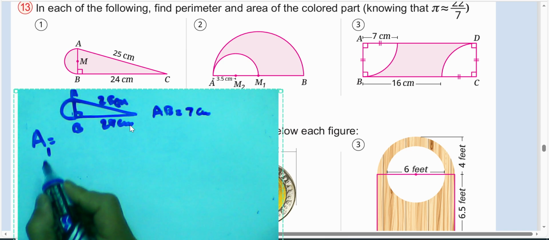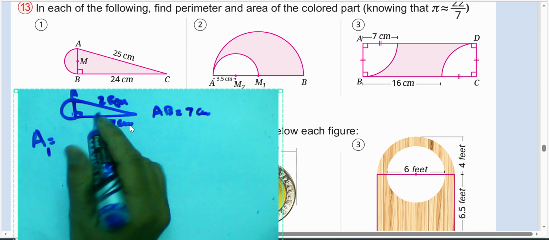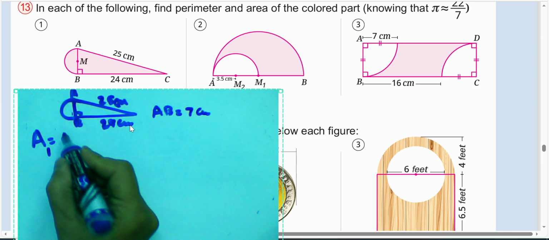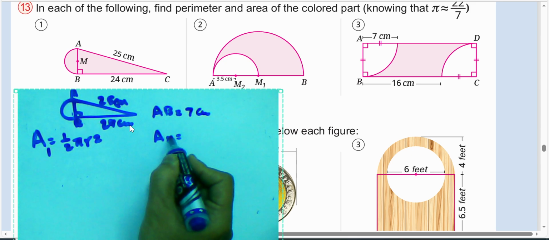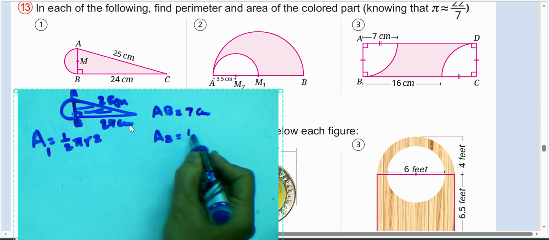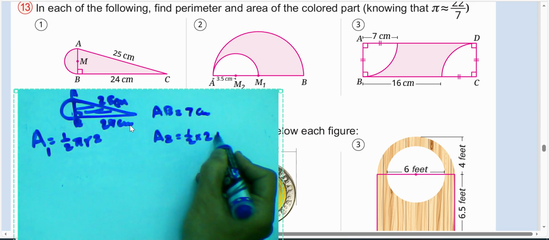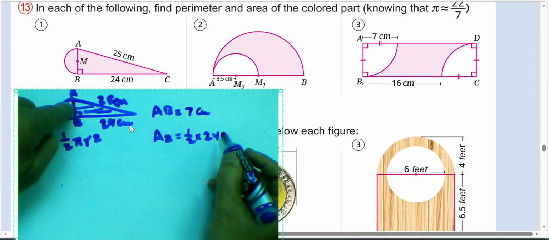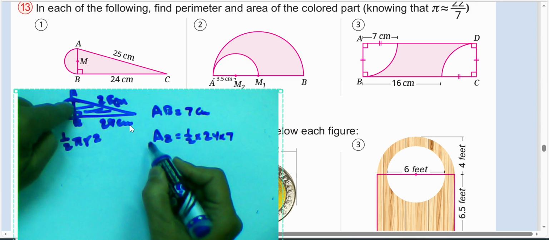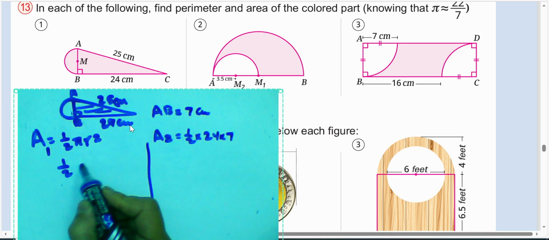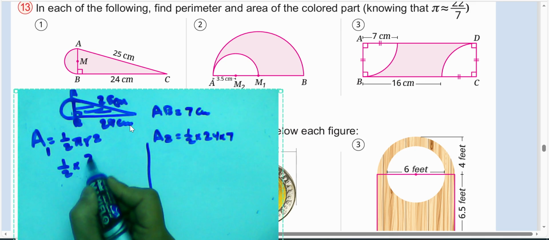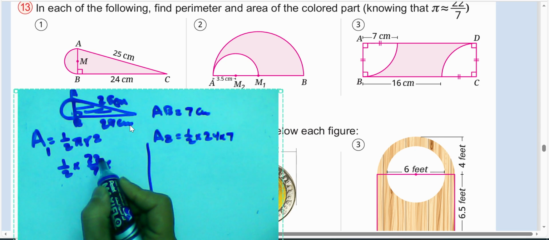Then we can find area 1 here. Area 1 is half times pi r power 2, and area 2 is the area of the triangle, half times base times corresponding height 7. Then area 1 and area 2 collected together. Half times pi, which was 22 over 7, times radius power 2.